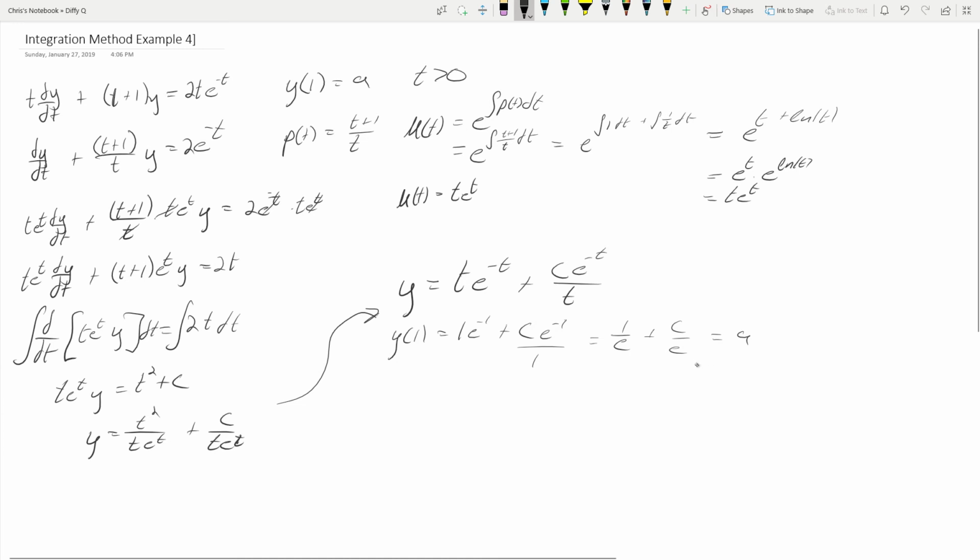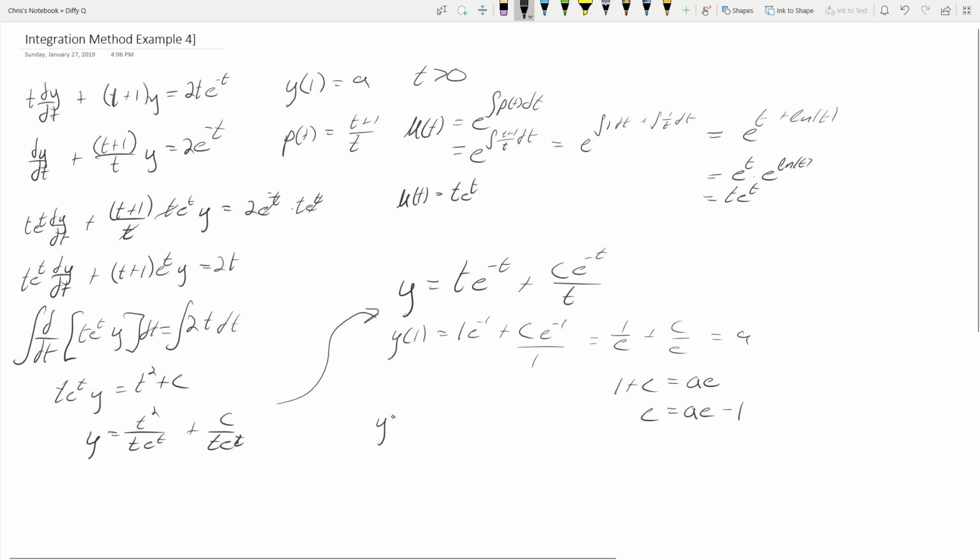So then we're going to multiply by e. It's going to give us 1 plus c is equal to a times e to the first, and then we want to get c by itself, so c is equal to a e minus 1.